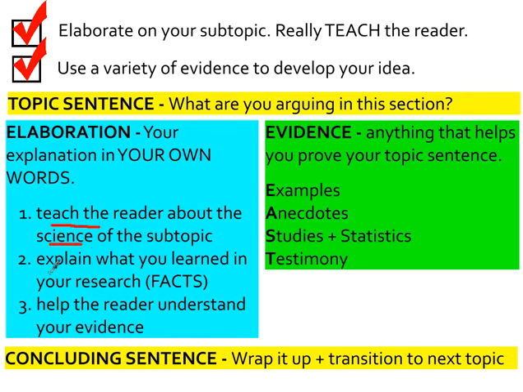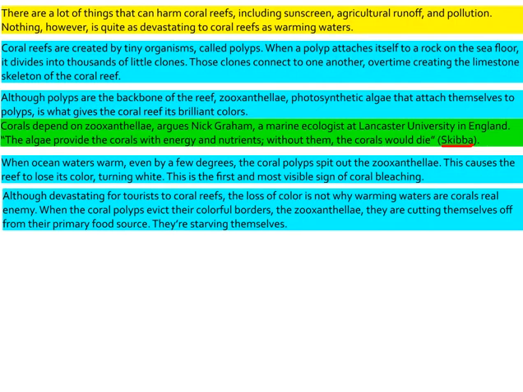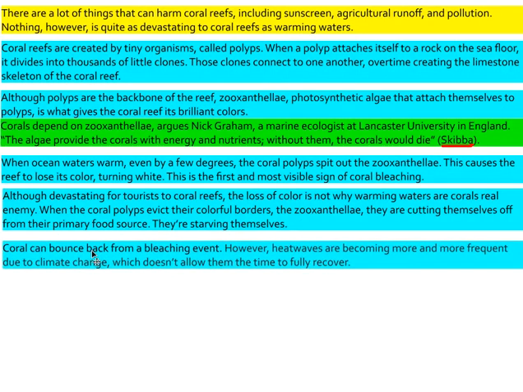I'm really explaining what I learned in my research. Coral can bounce back from a bleaching event. However, heat waves are becoming more and more frequent due to climate change, which doesn't allow them time to fully recover.